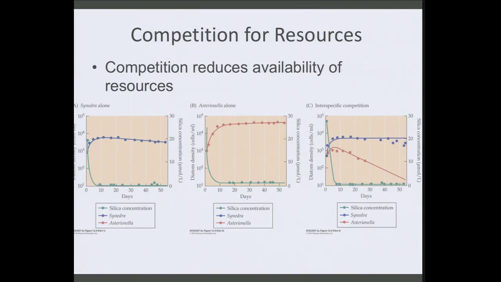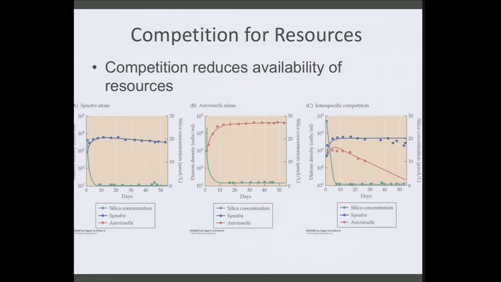On the right, they show that when they compete for silica, one species wins. The blue species survives and maintains its population size, whereas the red species initially grows but then declines to the point of extinction. So what is going on here? Well, there's a limiting resource, and they're competing for it, and the blue species was able to get access to that resource at the expense of the red species, and the red species lost out in that competition.